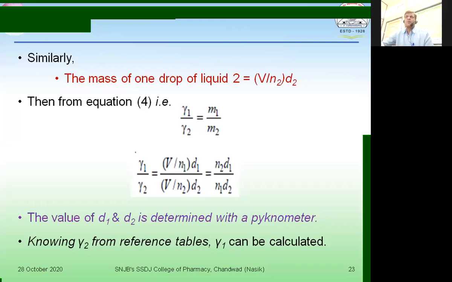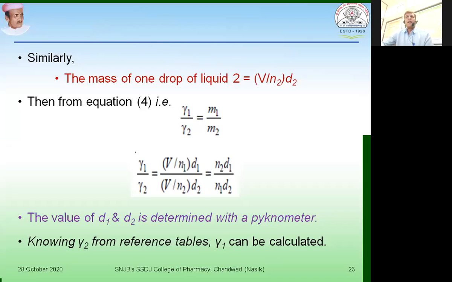Knowing the number of drops formed when the liquid runs from mark A to mark B for liquid 1 and for liquid 2, we'll put the values into the equation to determine the interfacial tension. In that case, the interfacial tension will be given by gamma LL. Gamma LL stands for the interfacial tension of one liquid against another liquid.